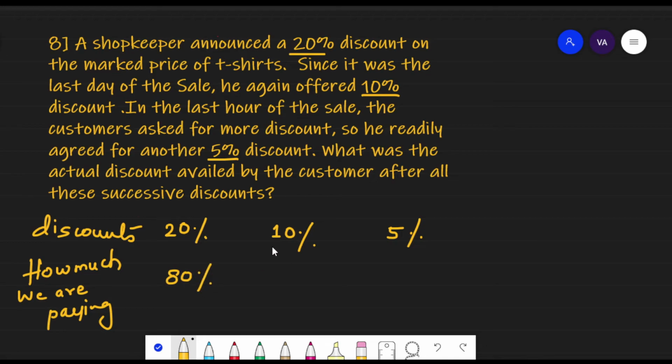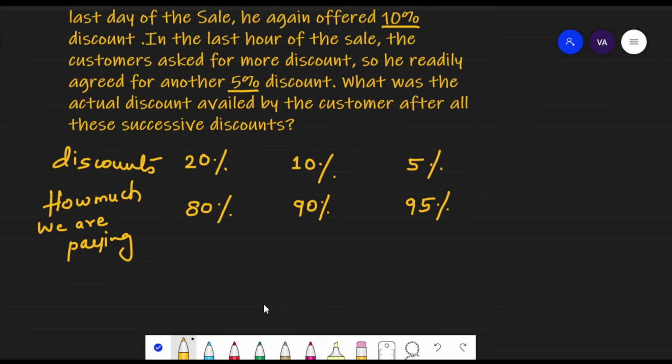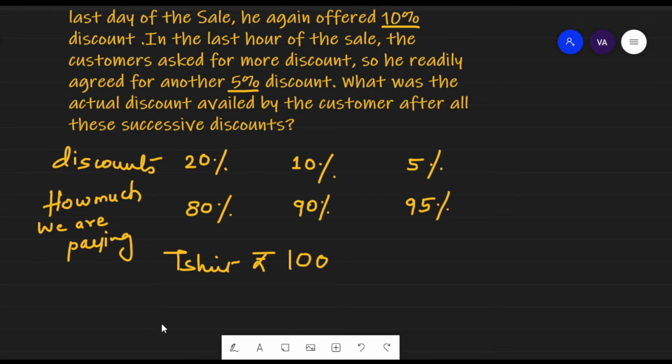Here when we are getting a discount of 10%, that means we are only paying 90%. And here we are paying 95%. Now let us assume that the t-shirt is costing rupees 100.